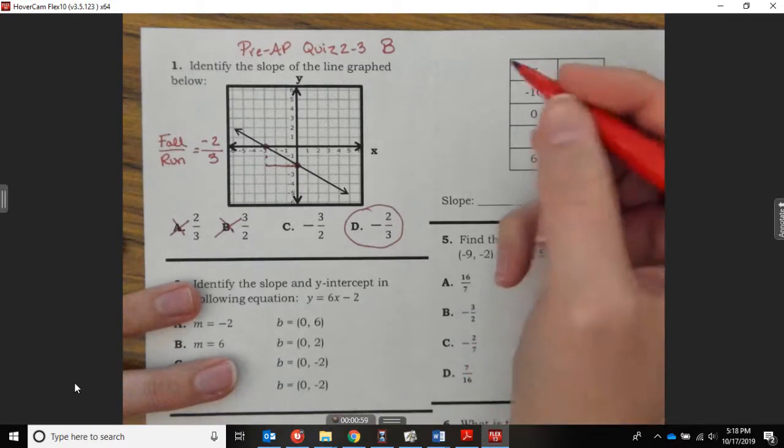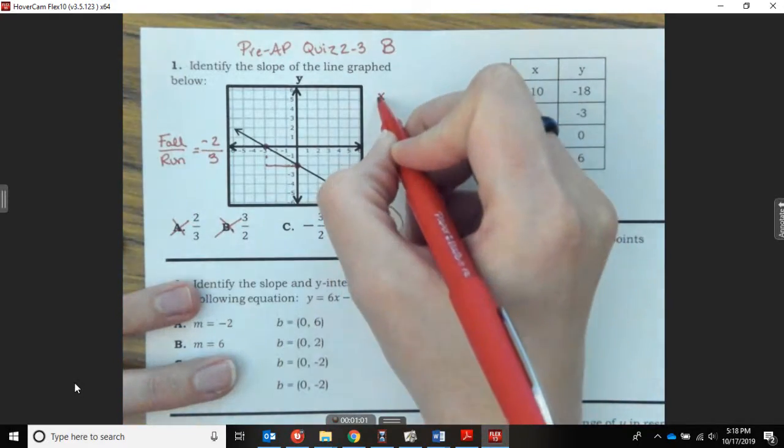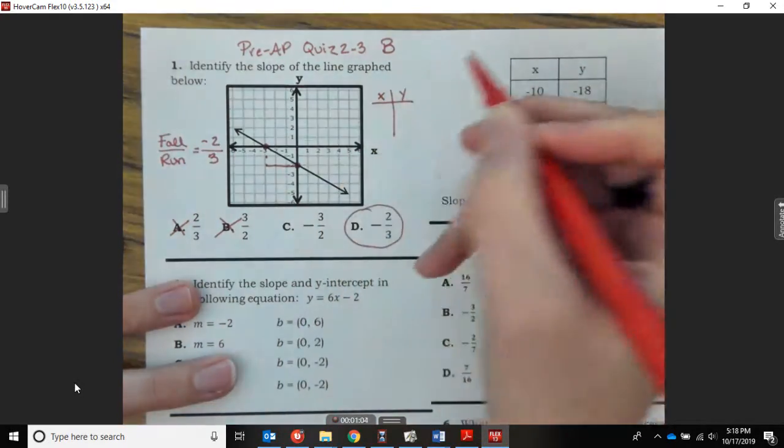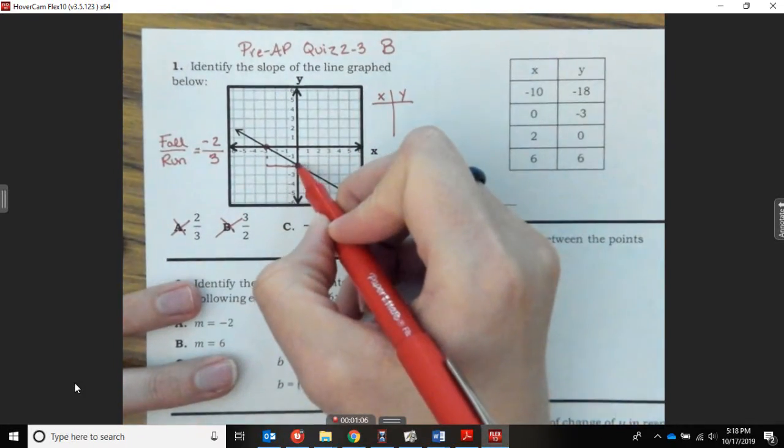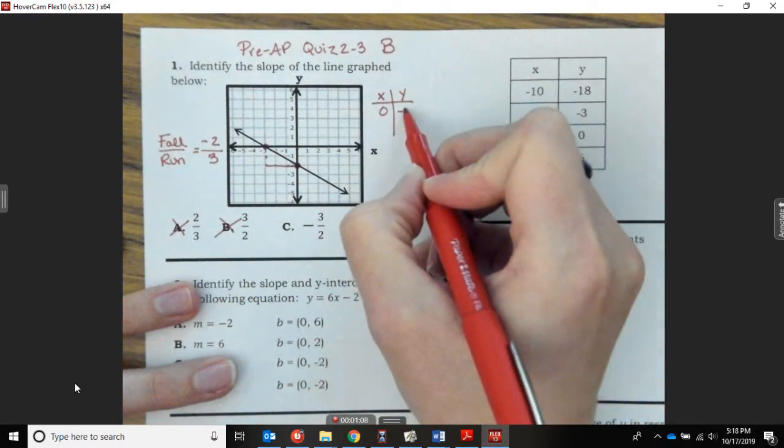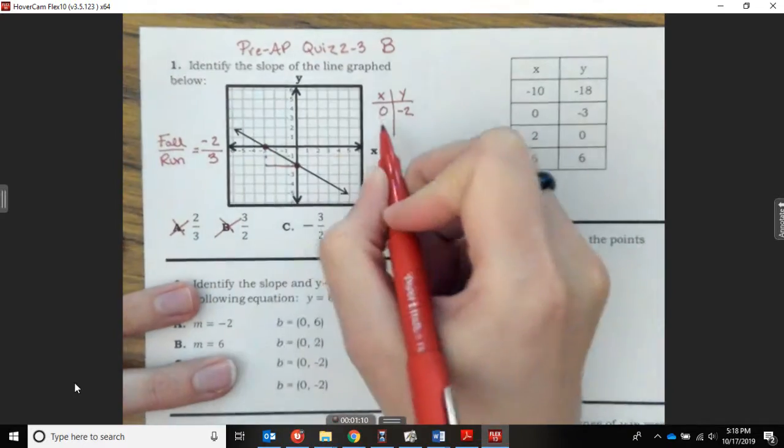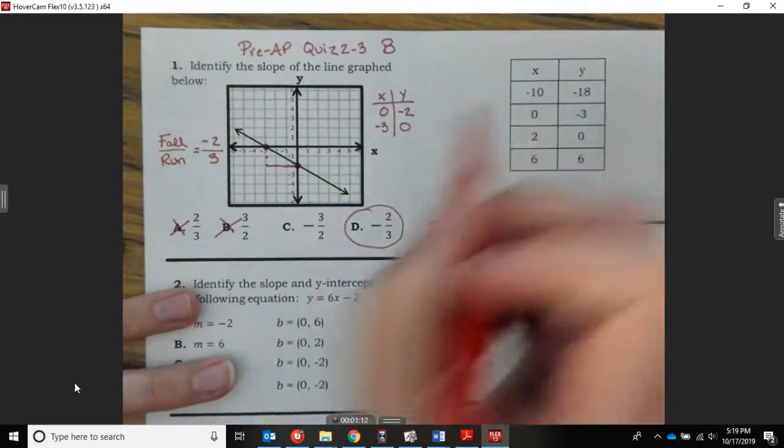However, you could have also used your calculator by making a table. So here's an XY table, and if I plot my points, this point right here is 0, negative 2. And then this point here is negative 3, 0.